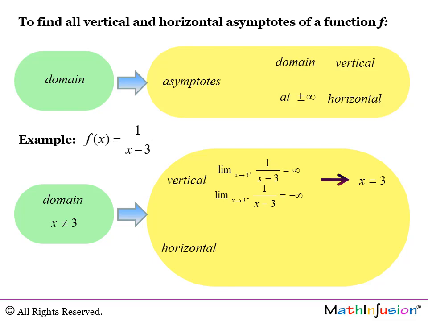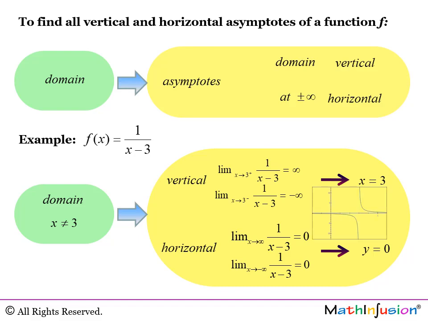I also want to recall that we found the horizontal asymptotes by taking those two limits, and we get that y equals 0 is indeed the horizontal asymptote of the graph. Here is the graph of 1 over x minus 3, and you can see this with your own eyes.